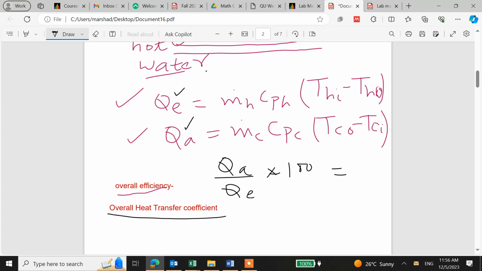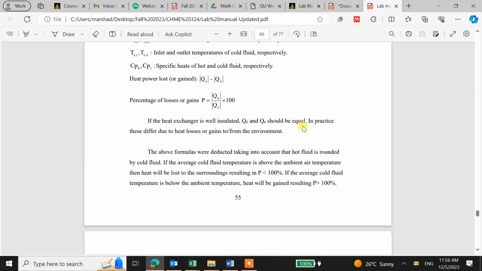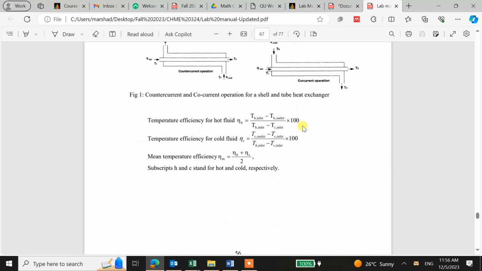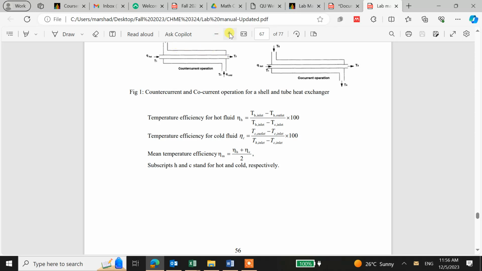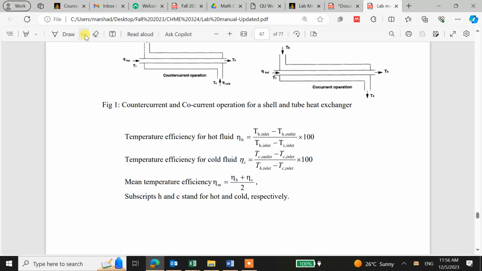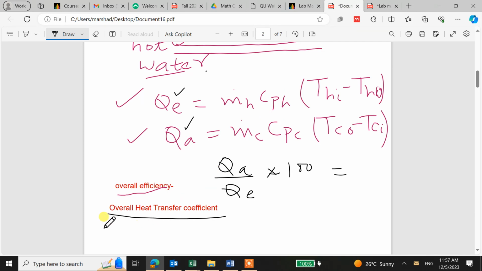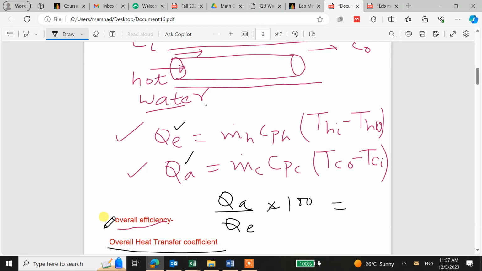Others are like temperature efficiency and these things, which are very clear. The equations are given, right? So temperature efficiency, you can calculate and just comment in the report. The main task is to find the overall heat transfer coefficient U.